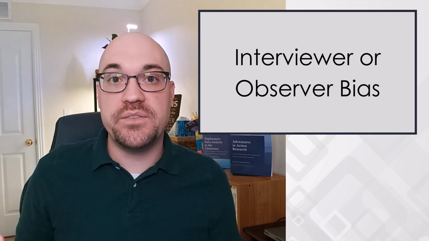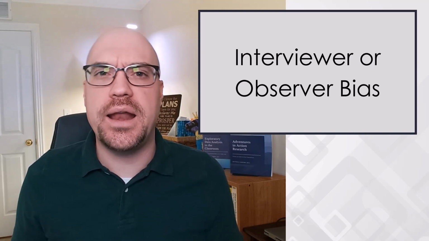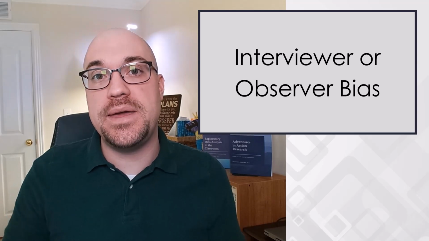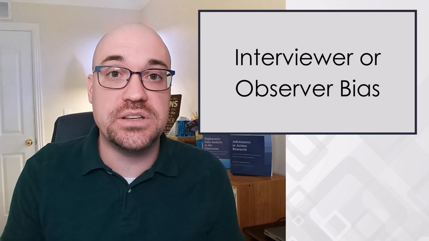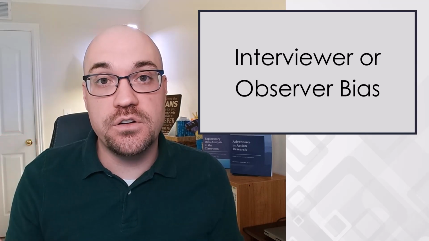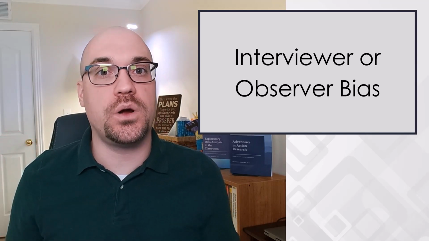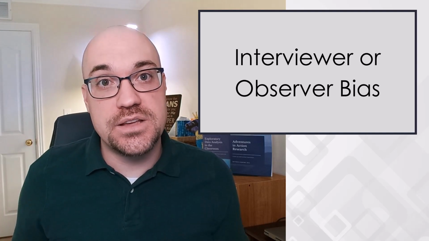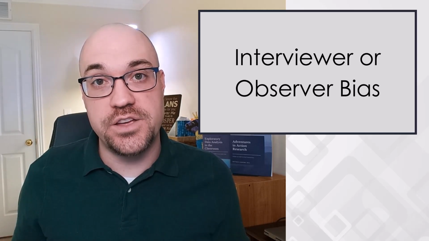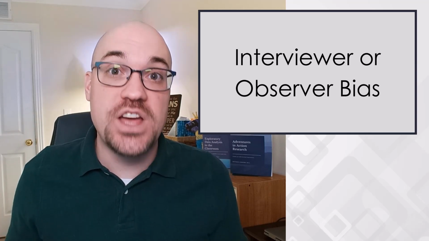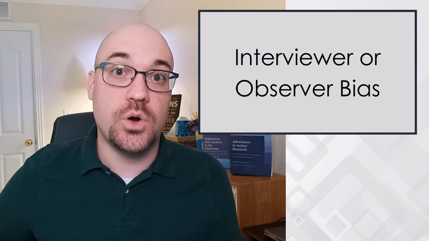If you're observing another teacher's classroom and you're smiling or nodding or frowning as that teacher is teaching and delivering instruction, you might be causing that teacher to change consciously or subconsciously their behaviors as they respond to you. So whenever you're doing research focused on interviews or observations, it is very important to maintain a neutral face and neutral body language, a neutral, pleasant tone of voice throughout the whole conversation. Because deviations in that physical presentation, that tone of voice, can change the respondents and change your answers and skew your data.